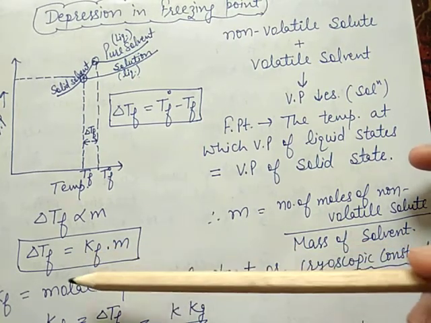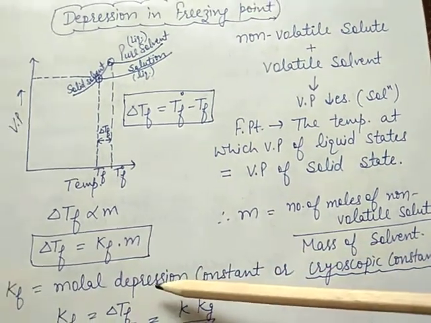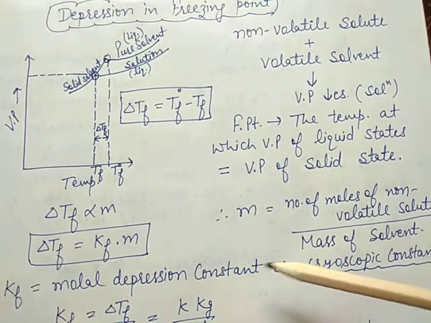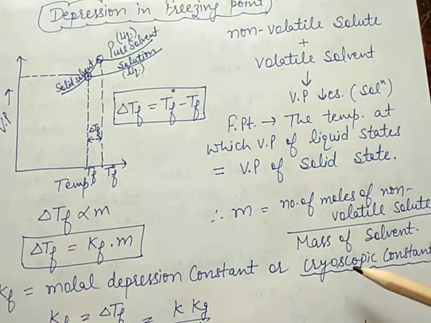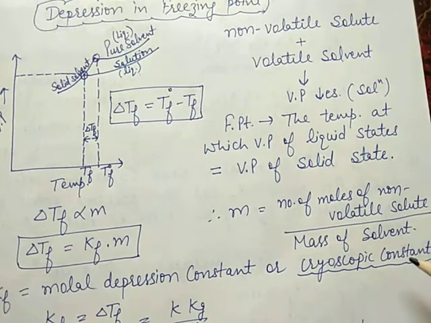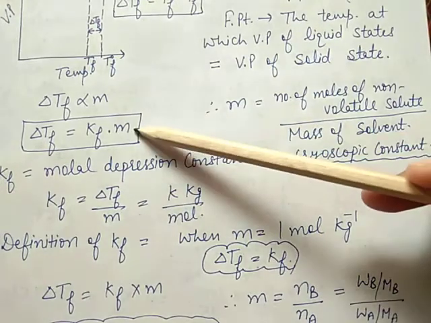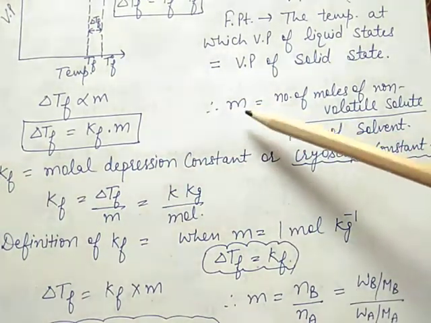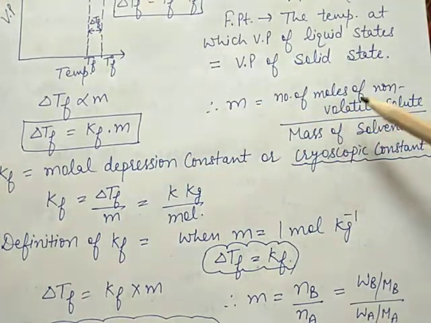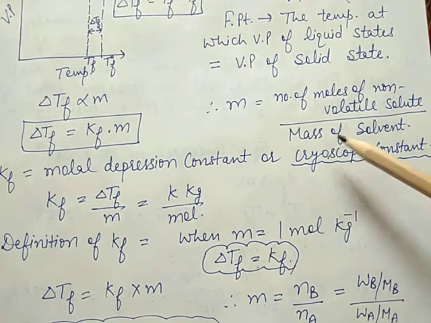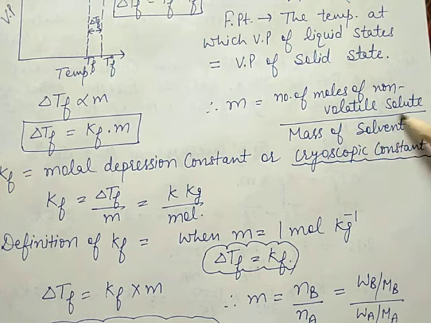Here Kf is a constant, called the molar depression constant or cryoscopic constant, where m is the molality. Molality means the number of moles of non-volatile solute present in 1000 grams of solvent.